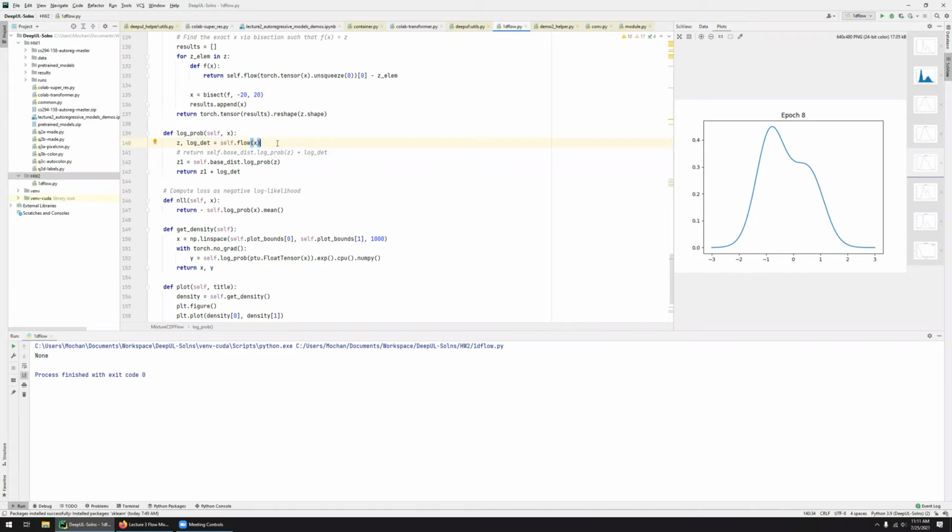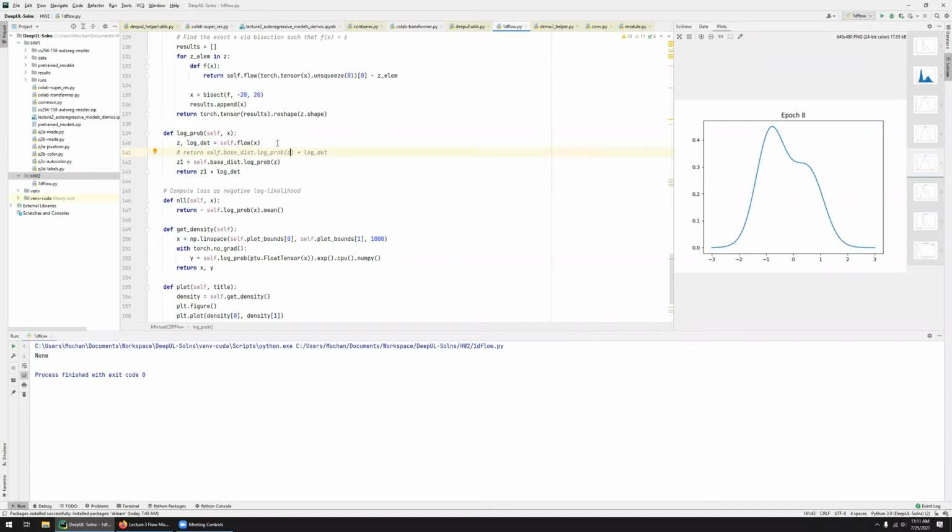What exactly is Z here, and what exactly is the log determinant? This was the original line: the distribution is the base distribution log probability of Z plus the log determinant. So that is supposed to be the base distribution, the actual distribution.